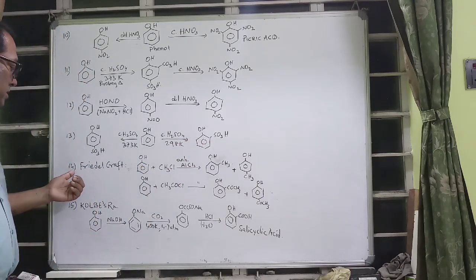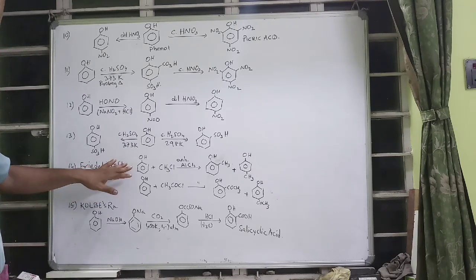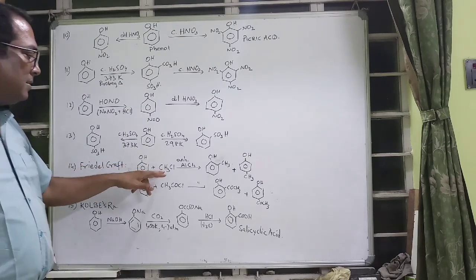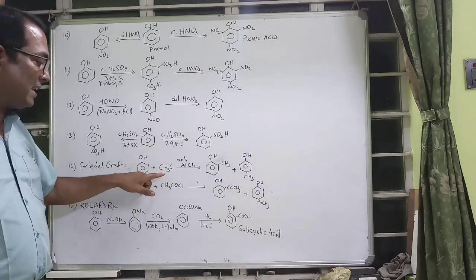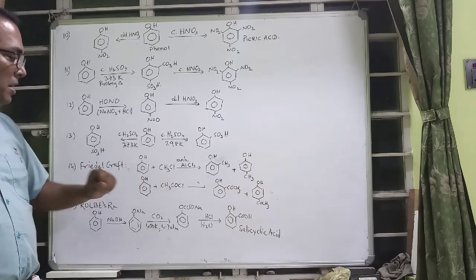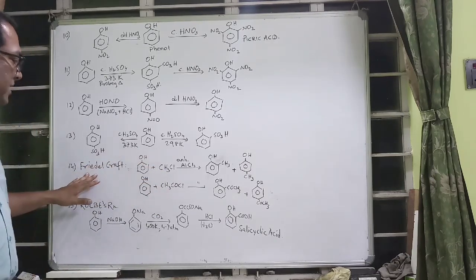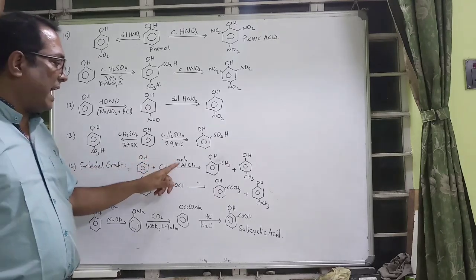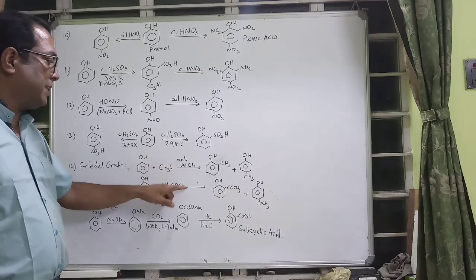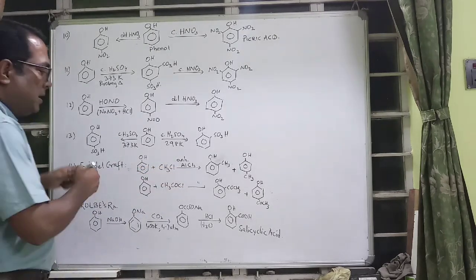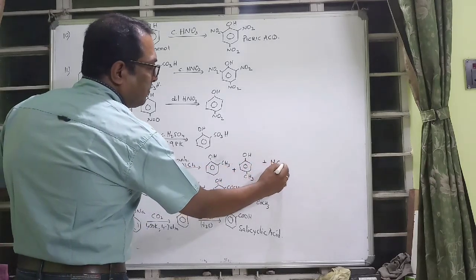We have to discuss the Friedel-Crafts reaction. The Friedel-Crafts reaction says that when phenol reacts with, like here, an alkyl chloride, or acetyl chloride, alkylation and acylation are very important. In the presence of anhydrous aluminum chloride, you can see this H reacts with the Cl to form HCl.